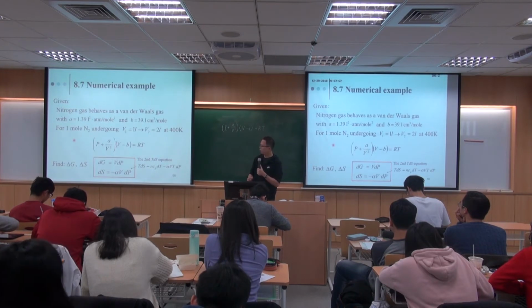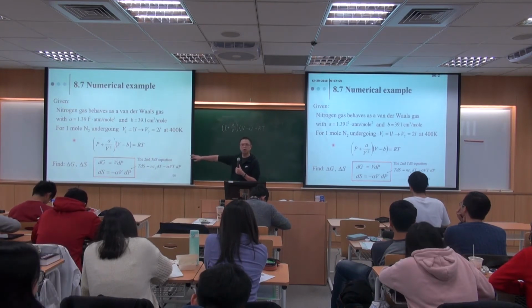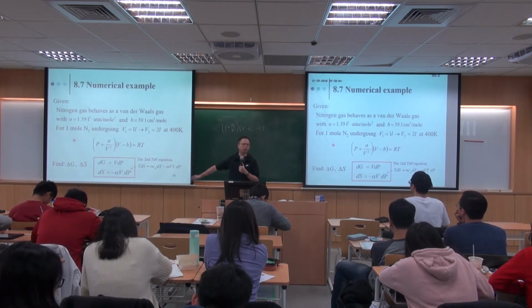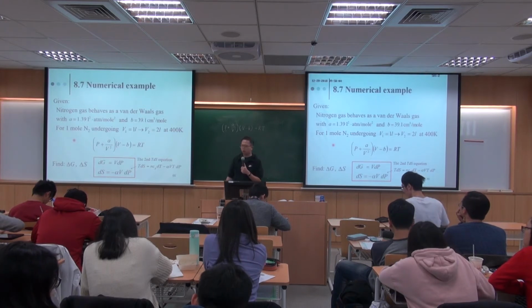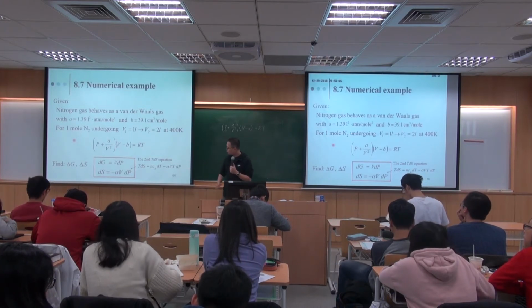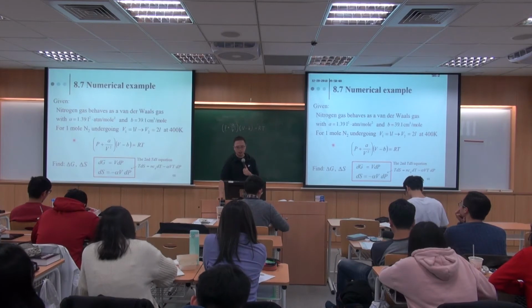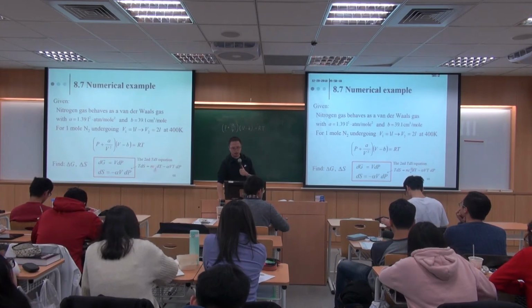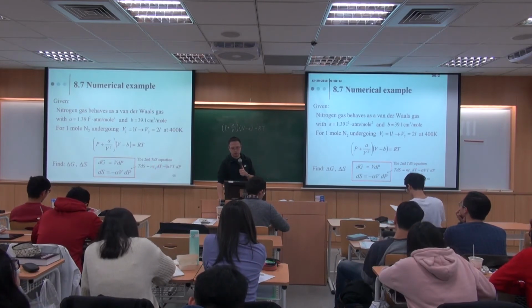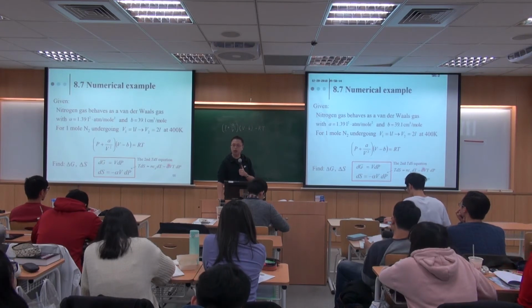But from chapter 5, we derived that there are 2 TdS equations, and one of them is like this. So TdS is this CP dT minus a term that is related to alpha.